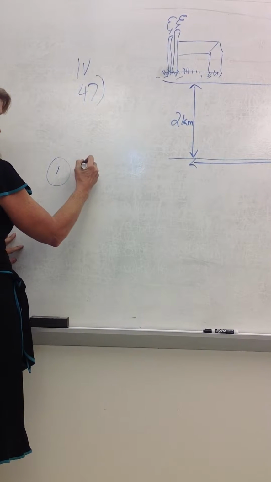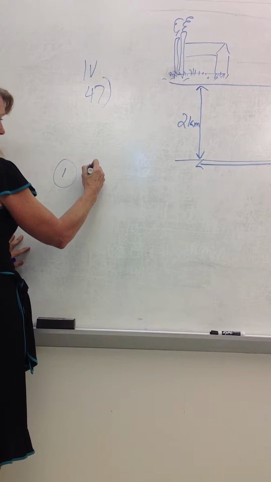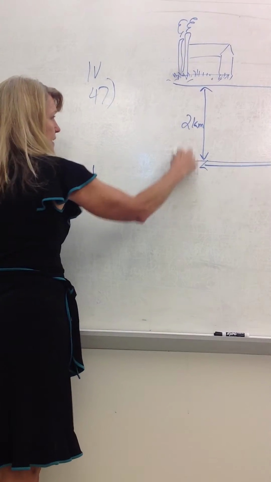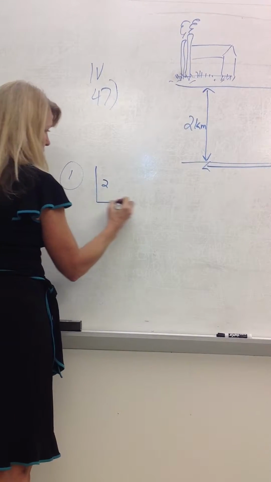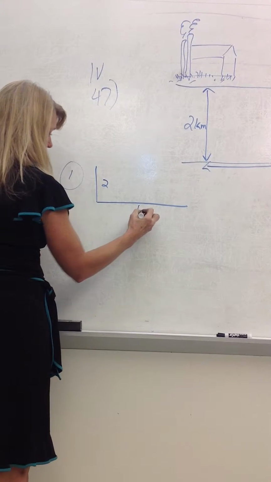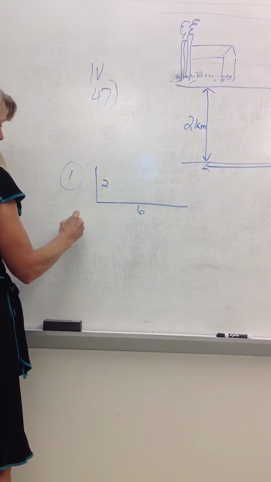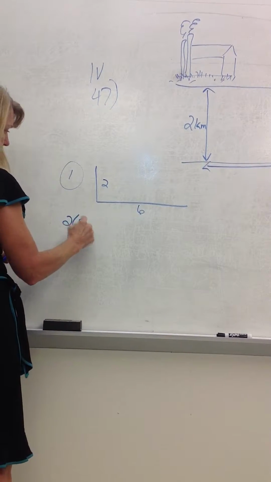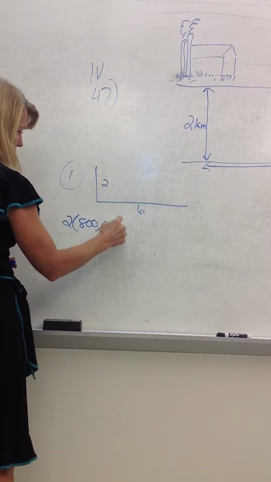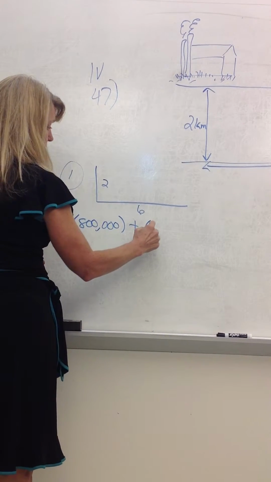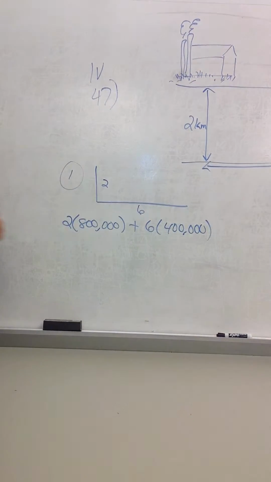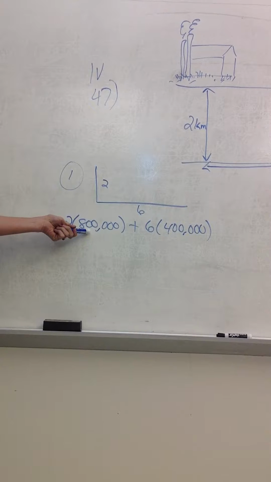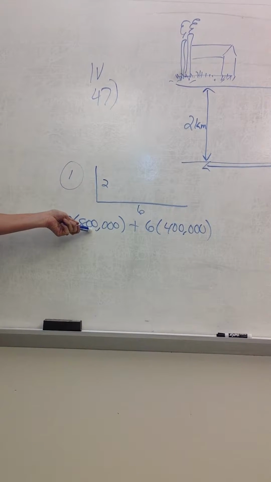One endpoint is you go straight across the river because that's the least amount of underwater pipe, and then you go all the way across the land, the 6 kilometers. So that is going to cost 2 kilometers times $800,000 plus 6 times $400,000. I'm getting the 800 because I read the problem, and that's how much it costs per kilometer to put pipe underwater.